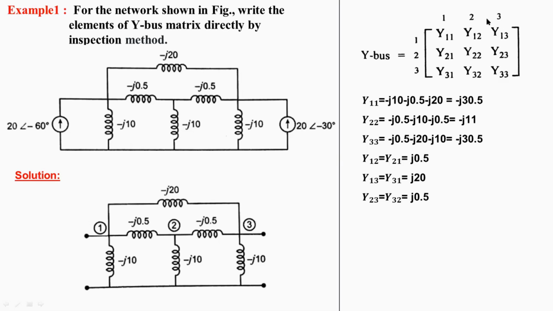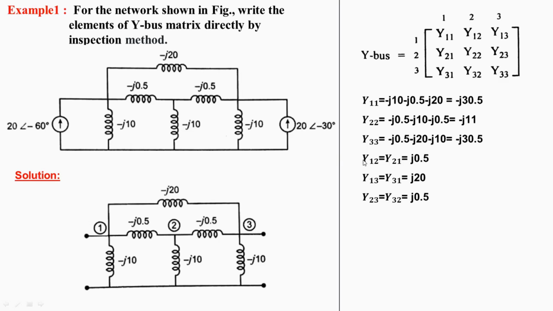Then the off diagonal elements. This matrix is a symmetric matrix. I already told Y12 is equal to Y21, Y13 is equal to Y31, Y23 is equal to Y32. So the off diagonal element is equal to the negative of the admittances connected between these 2 nodes or buses.